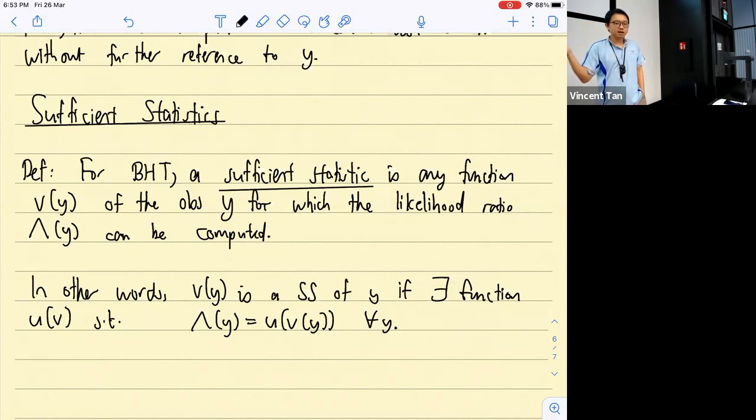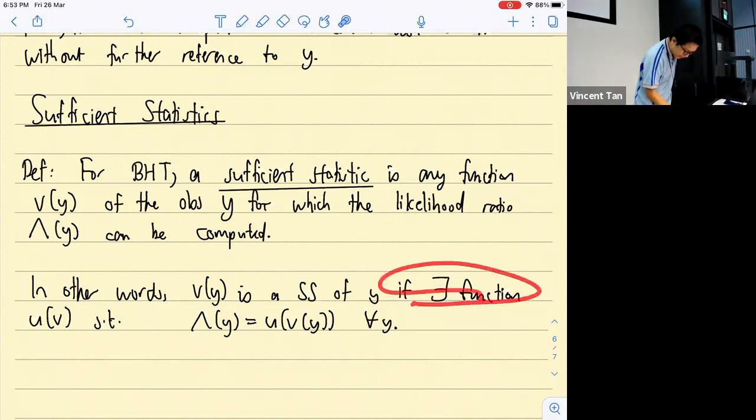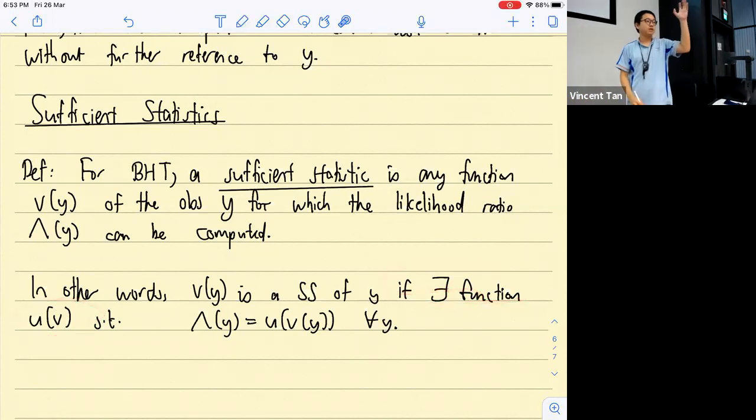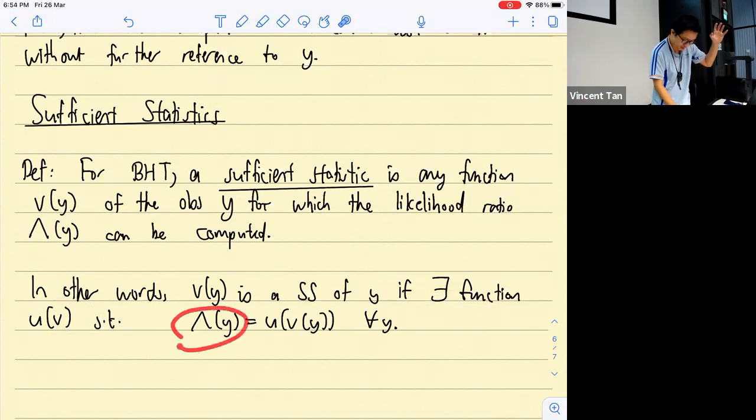This v may be much lower dimensional than y. Y here may be a vector, and v may be much shorter than a vector, but it may still be a sufficient statistic in the sense that you can reconstruct lambda of y given v of y. It means that there exists a function whose domain is v, such that if you put v of y into u, you can recover lambda of y.